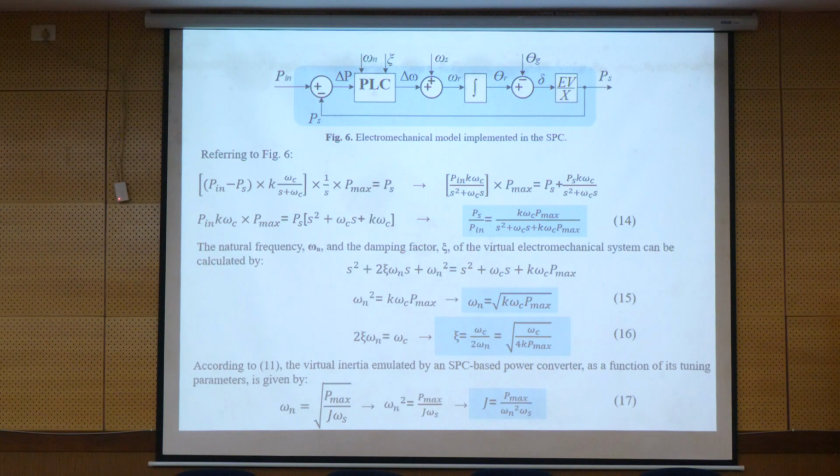So if we pass this limitation, I mean if omega n passes the borderline of stability, then the system will be unstable. So if we reduce the value of J too much, then the system will be unstable. If we go too far with omega n or inertia, the system will again be unstable.